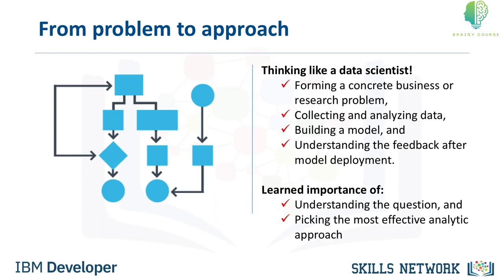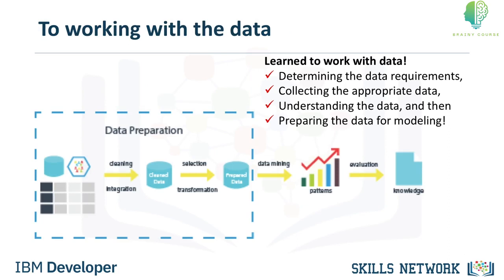In this course, you've also learned methodical ways of moving from problem to approach, including the importance of understanding the question, the business goals and objectives, and picking the most effective analytic approach to answer the question and solve the problem. You've also learned methodical ways of working with the data, specifically determining the data requirements, collecting the appropriate data, understanding the data, and then preparing the data for modeling.